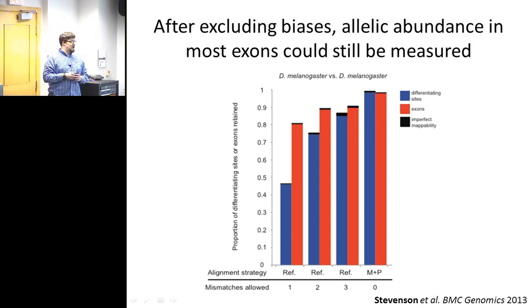So this was all done within Drosophila melanogaster. I also looked at a between species comparison to look at the effects of sequence divergence, and that also had a similar effect as increasing the read length. But those are results I'm not showing today. So these are pretty different strains of melanogaster?